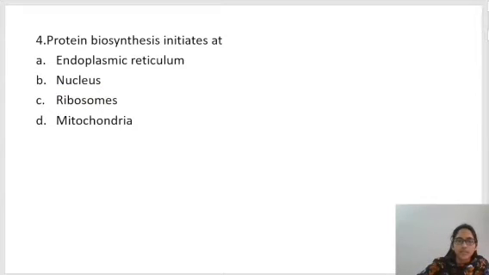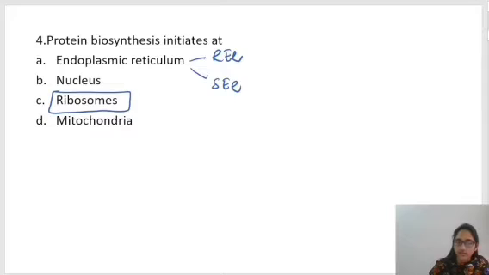And protein biosynthesis initiates at ribosomes. Yes or no? Where are the ribosomes present? What are the endoplasmic reticulum types? Rough endoplasmic reticulum and smooth endoplasmic reticulum. The rough endoplasmic reticulum is rough because of the presence of ribosomes.